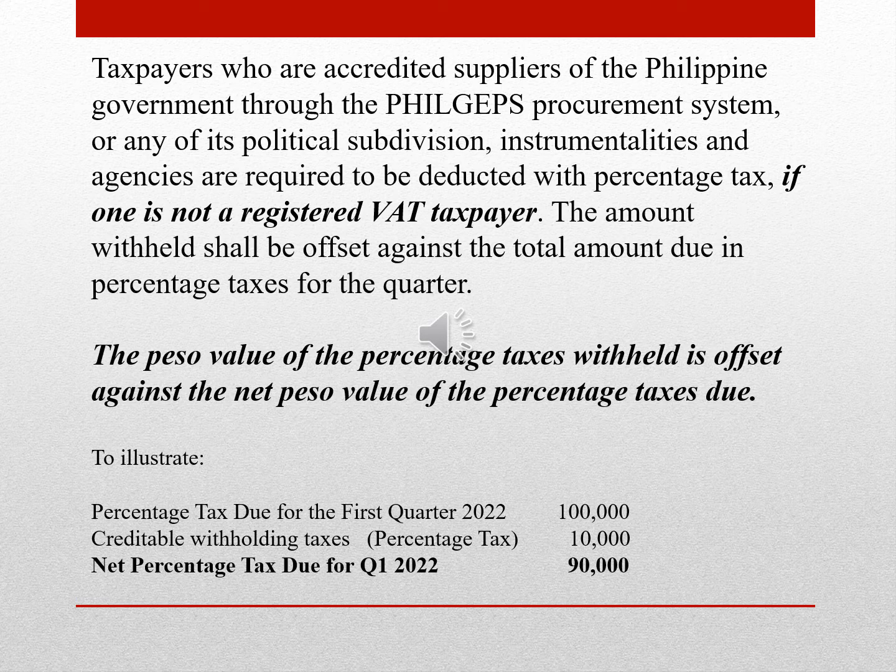Supposing that the total percentage tax due from all your sales is 100,000, and the amount withheld is only 10,000, then the net percentage tax due for the first quarter of 2022 is 90,000.